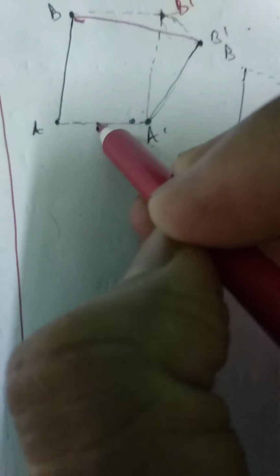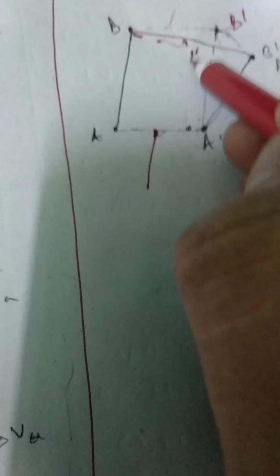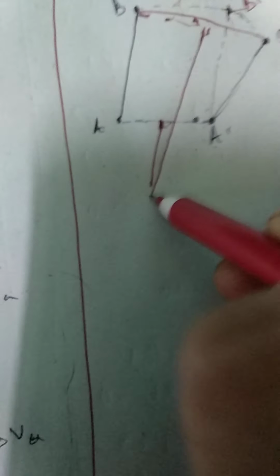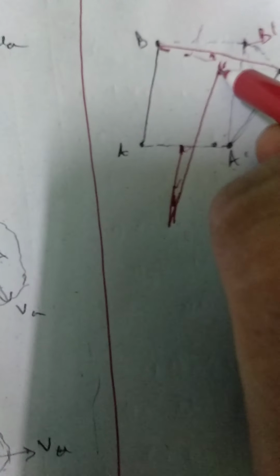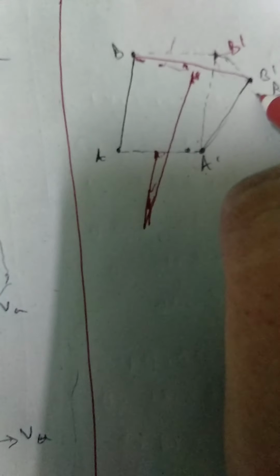Suppose these are the chords AA1 and BB1, and these are the perpendicular bisectors, at 90 degrees to BB1 and to AA1.